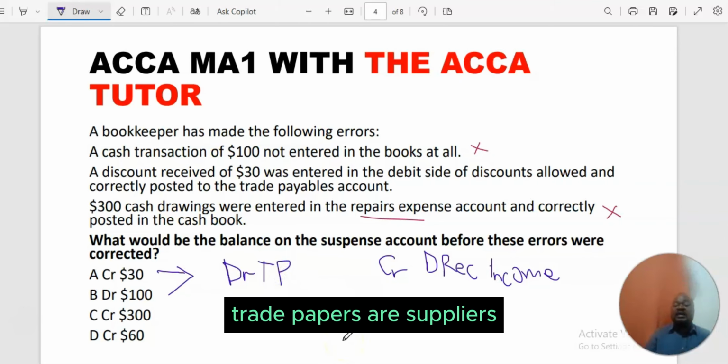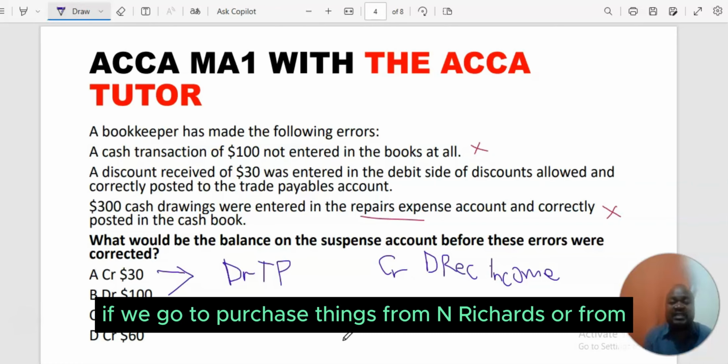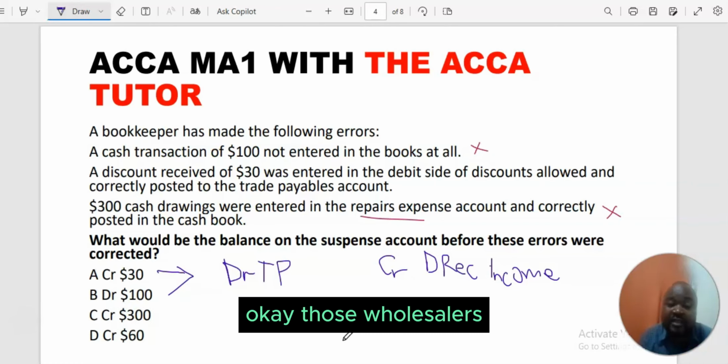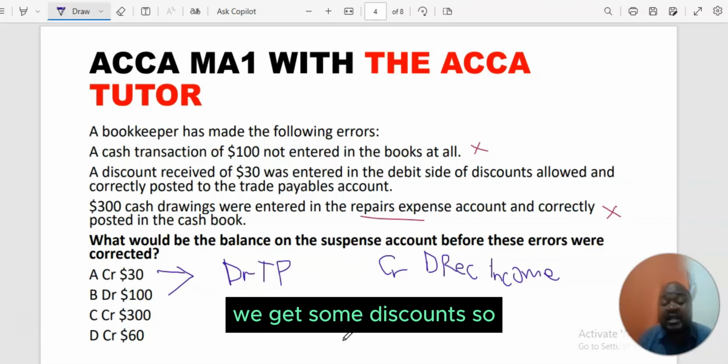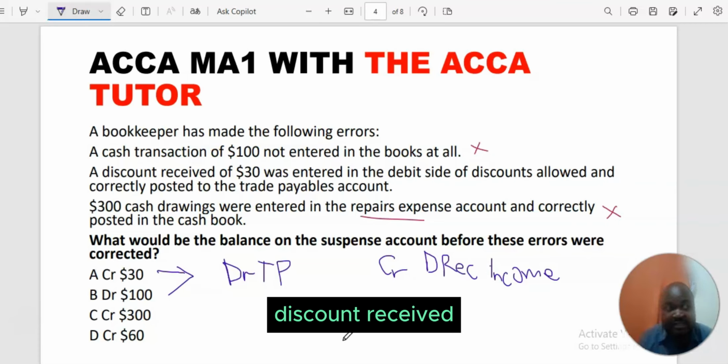Why? Trade payables are suppliers. Suppliers are the ones who give us some discount if we go to purchase things from them, from those wholesalers. So that type of discount is what is called discount received.